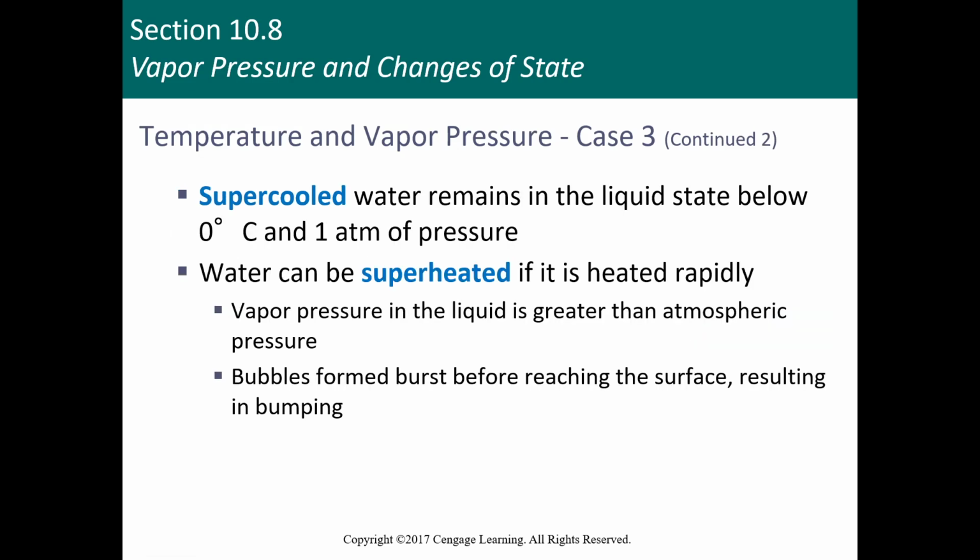Now, supercooled. This is something you need to understand as well. Super meaning more than cooled. So supercooled water remains in the liquid state below 0 degrees Celsius and 1 atmosphere of pressure. This actually happens quite a bit just because oftentimes the rate at which you are cooling is going to be faster than the rate at which your molecules can actually arrange and move around.